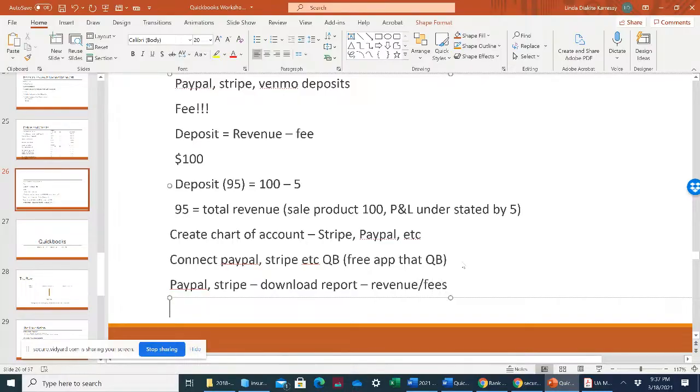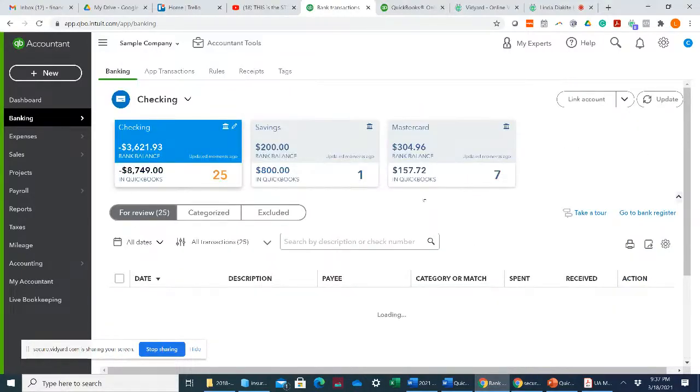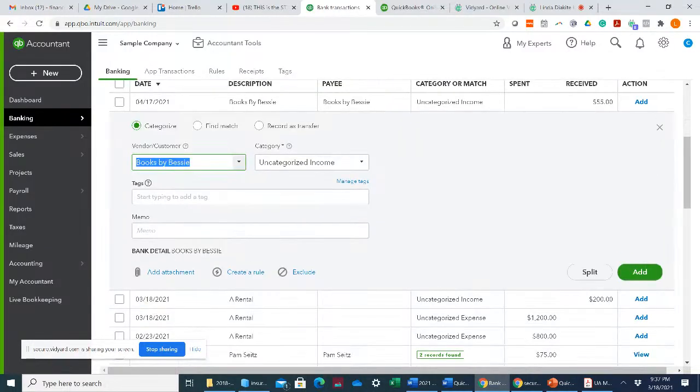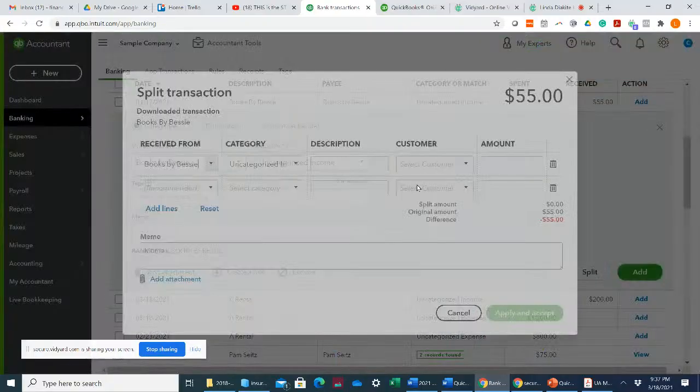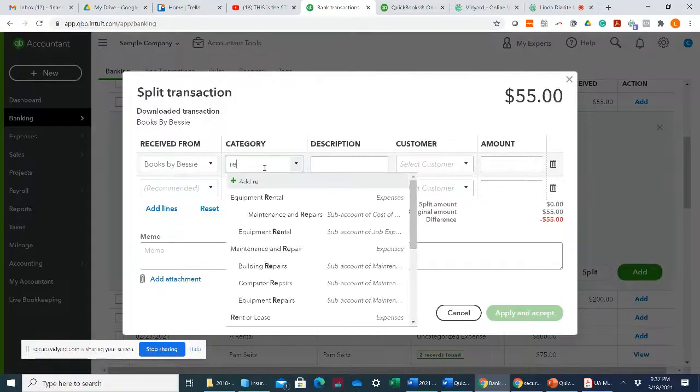And what you want to do when that, let me go to checking, and I'm just going to pretend one of these deposits, say this deposit is from PayPal. So instead of putting the $55 directly to income, you would go here, you can go split, and let's just say some type of revenue account.